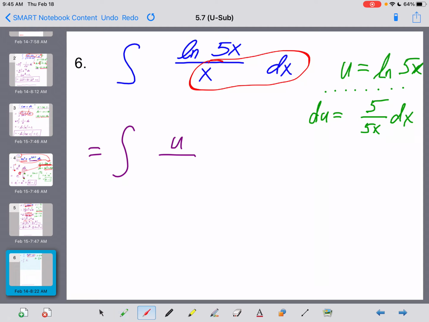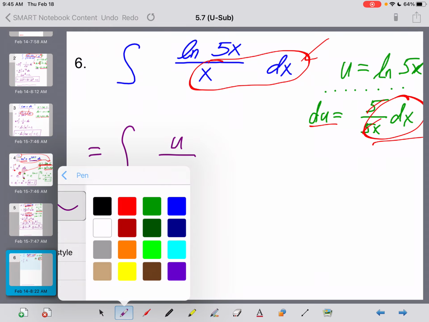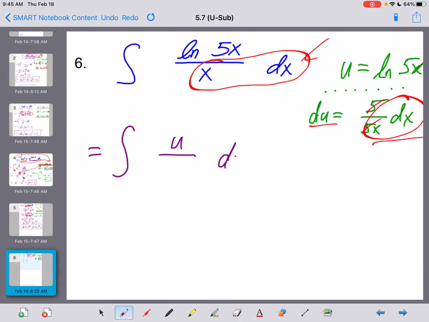Well, sure enough, the 5's cancel, and right there, guys, 1 over x dx, that's what we needed for our secondary substitution. So the 1 over x dx can be replaced simply by a du. So the du goes right here, and with nothing on the denominator, technically I could put a 1 there, but now I feel stupid. U over 1, of course, is just u.